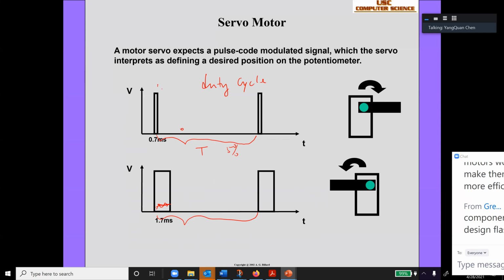If we have a 50% duty cycle, you should draw something like this: 50%, half. By tuning this duty cycle in the pulse code modulated signal, the servo interprets a desired position on the potentiometer. So it will move the angle, and the angle moved is proportional to the duty cycle.